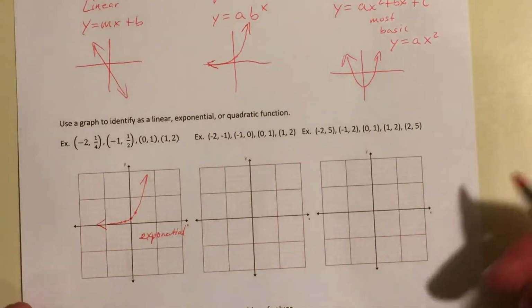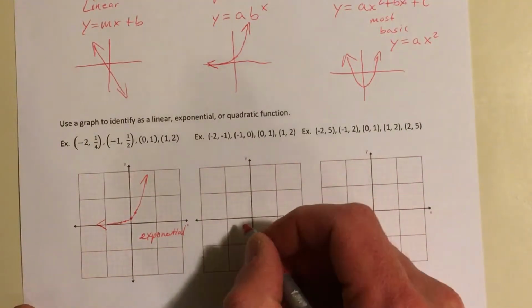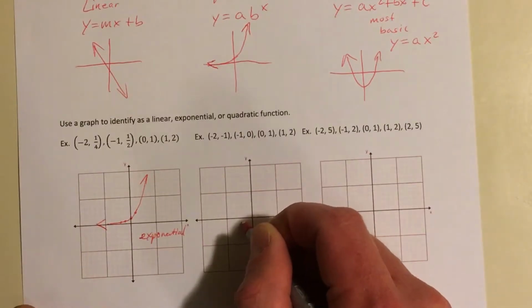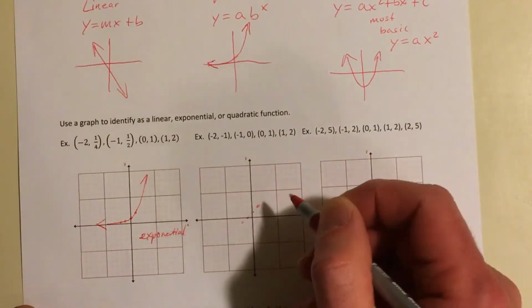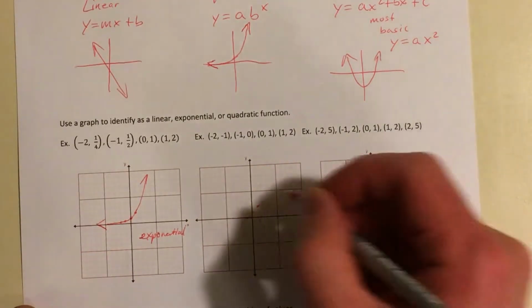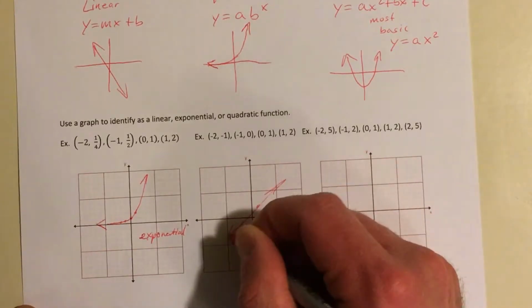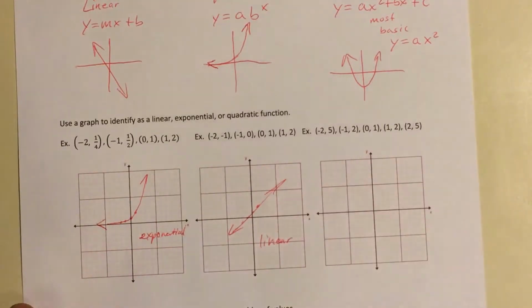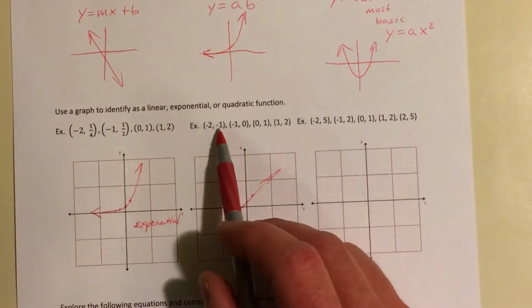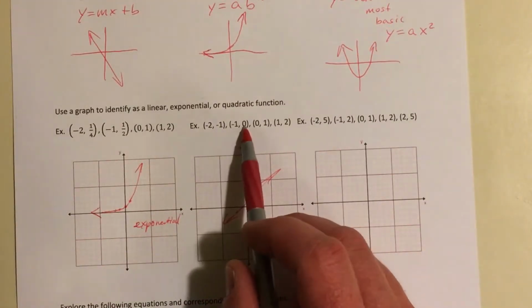All right, next up, plot these points. Well, that looks like a line to me. And you really don't need to verify it, but with linear equations, you're going to see a pattern as well.